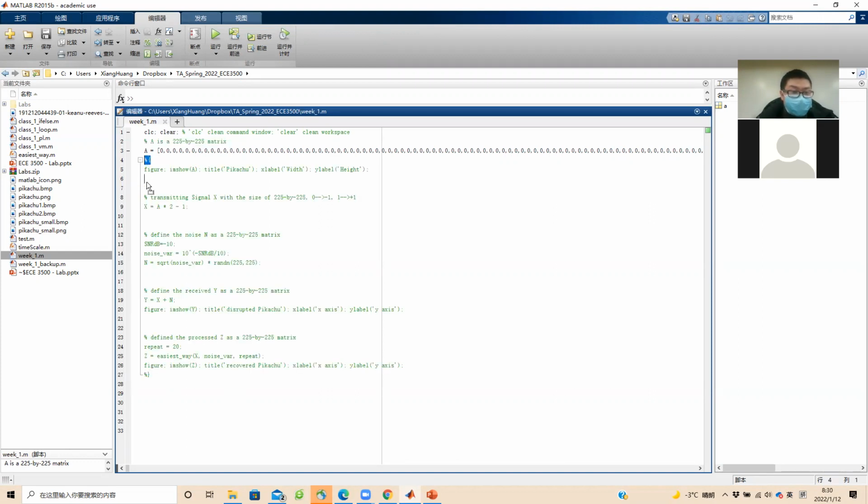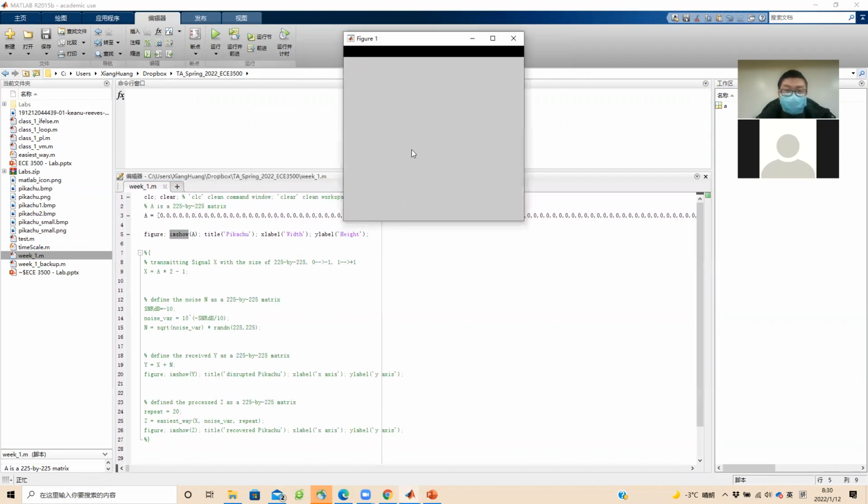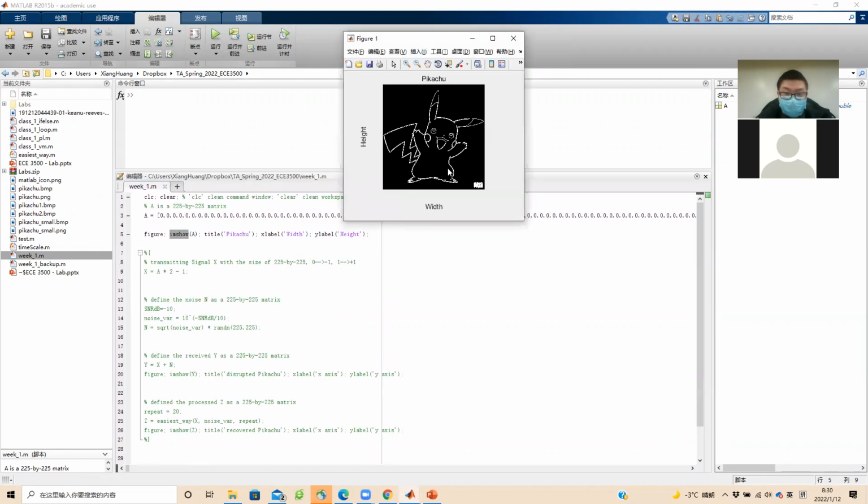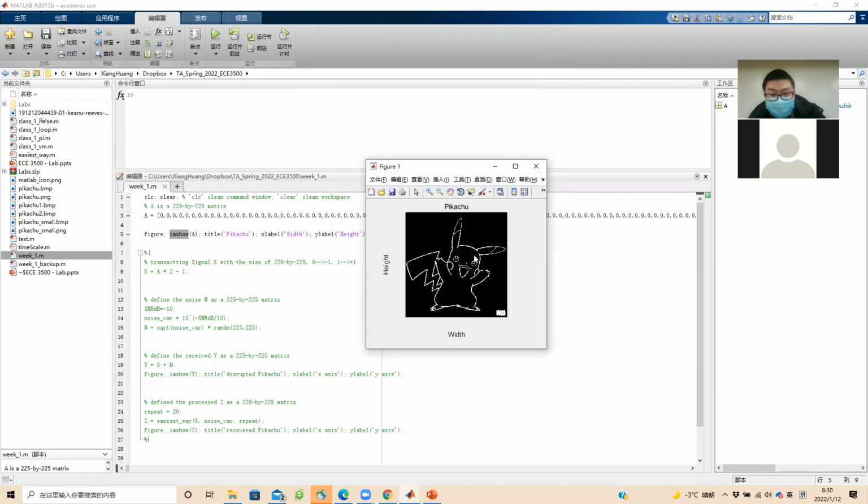For example, if I use the built-in function imshow, you will see what this is. Oh, it's a cute Pikachu.